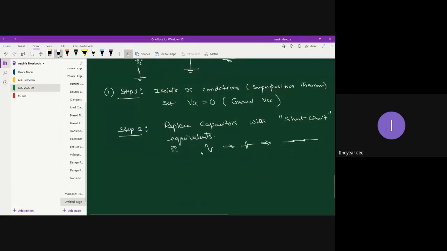So you have your input capacitor CI, and you also have an output capacitor across the output node. These two capacitors we are going to replace with a short circuit.